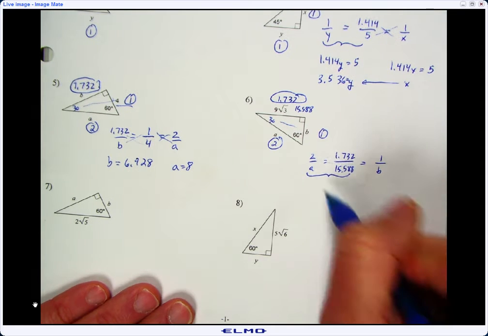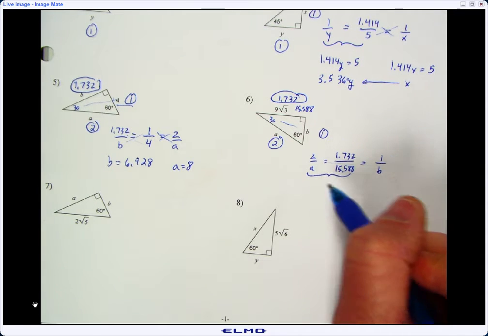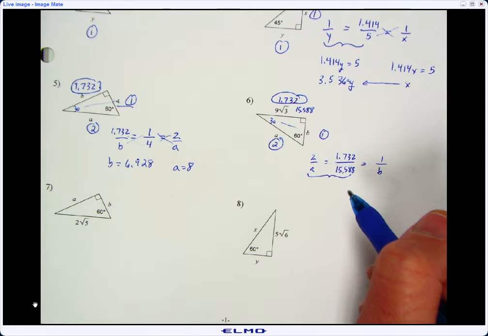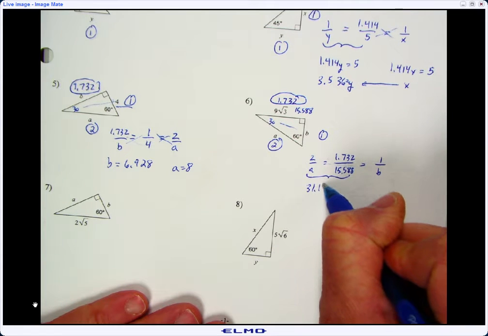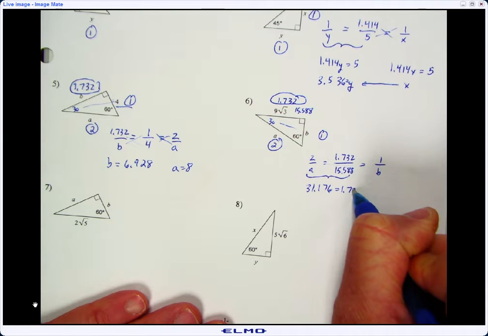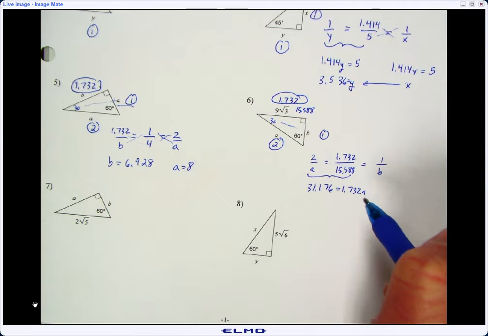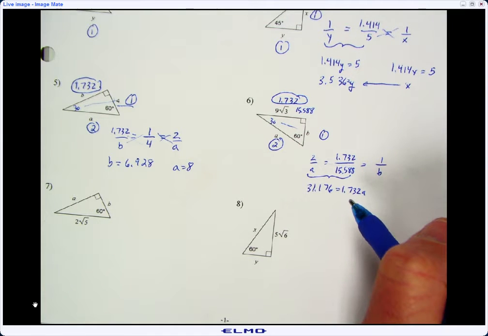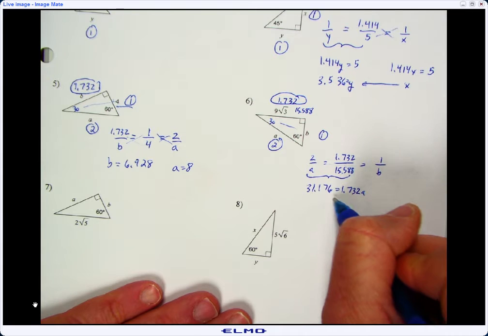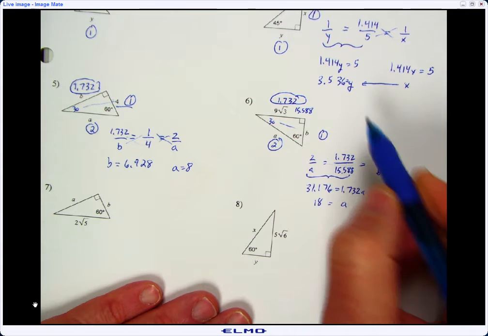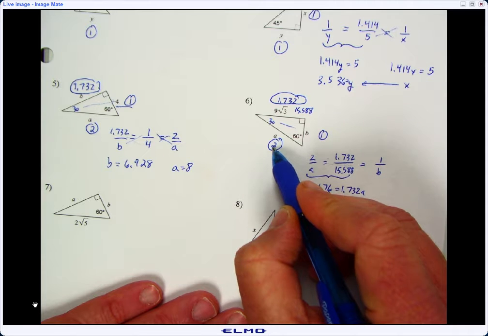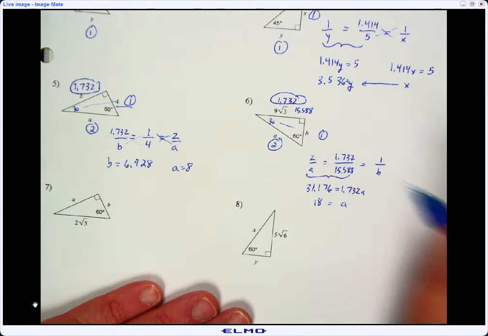So to solve this, I have to take 2 times 15.588, which is 31.176 equals 1.732A. So this one, again, takes some dividing to solve. And you get 18. And you'll notice A equals 18. You know that B is going to be 9 because they're a 2-to-1 relationship.